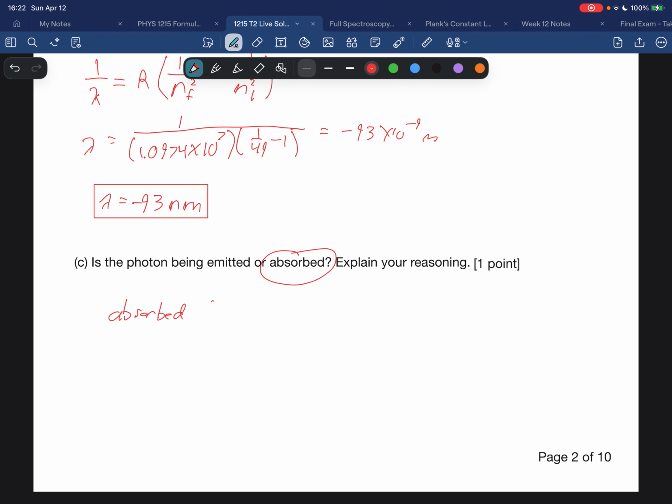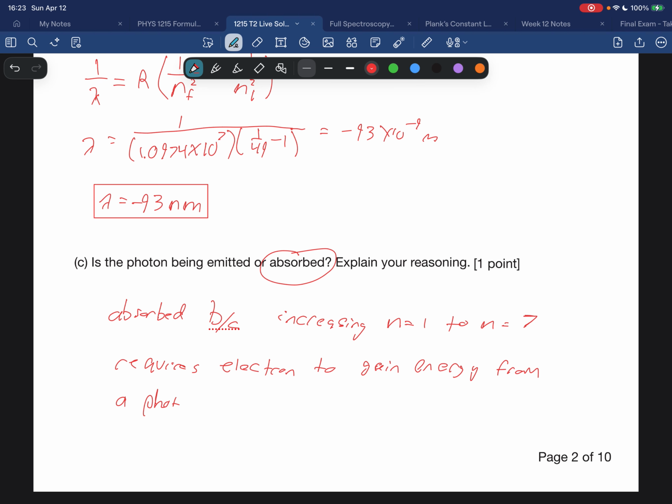Absorbed because increasing n equals 1 to n equals 7 requires the electron to gain energy from a photon being absorbed. There we go.